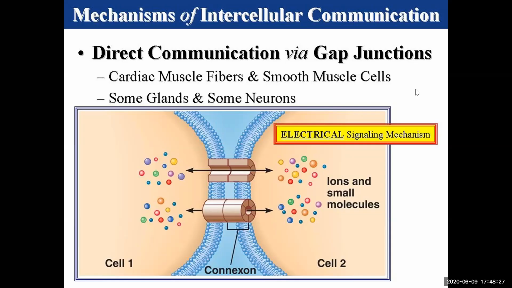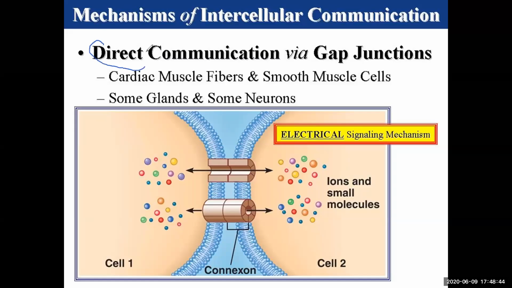So again, mechanisms for intercellular communication. These are ways for cell-cell communication. So we can have what is called direct communication through a gap junction.